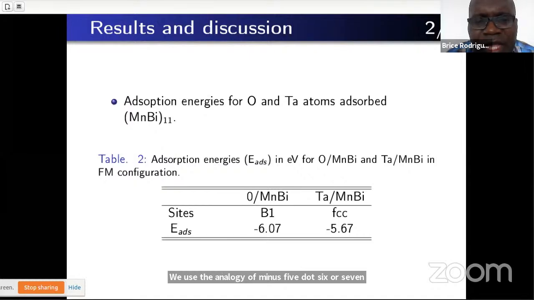This result shows that we have the subsorption effect.